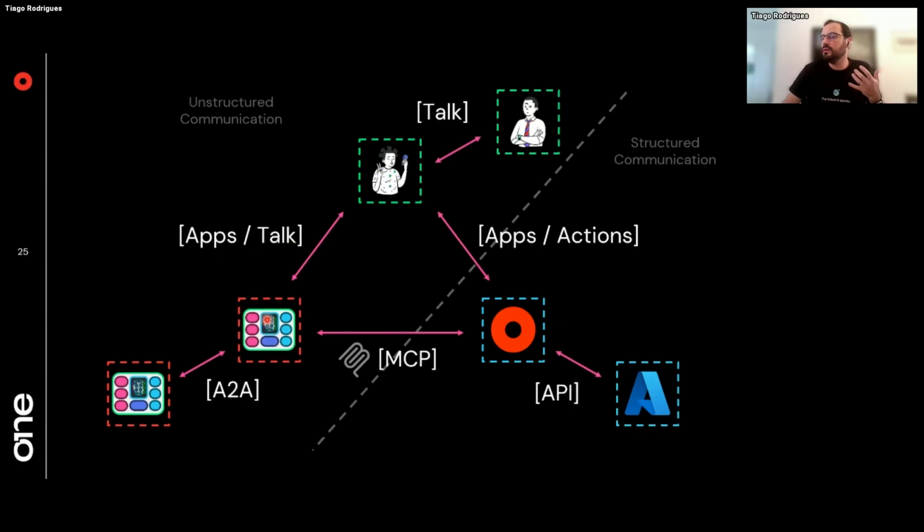And then we have the way agents talk with systems. The way agents talk with systems is using MCP, because MCP is a way to, in an automatic way, convert unstructured communication to structured communication. So here is where MCP stands.